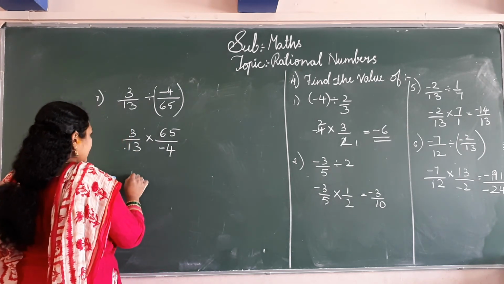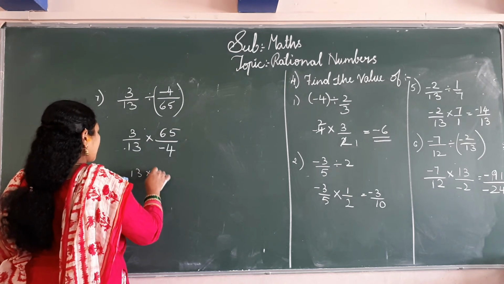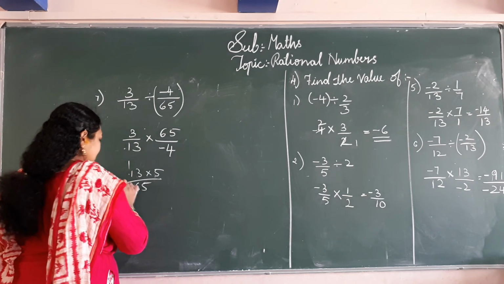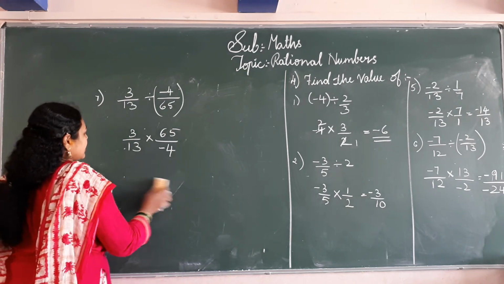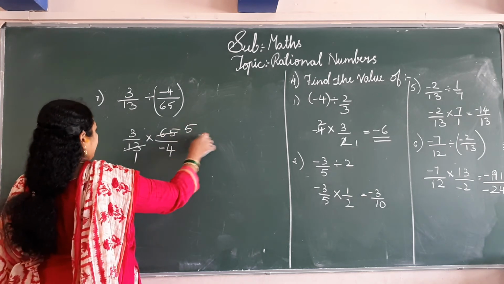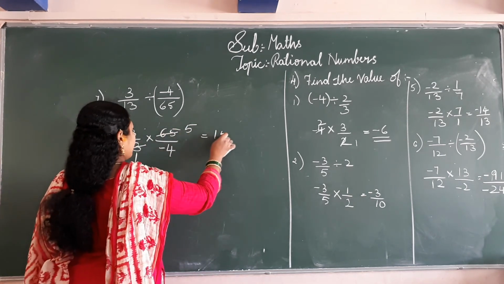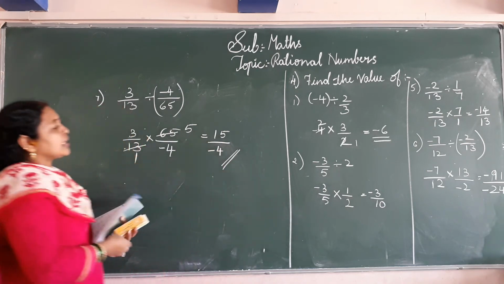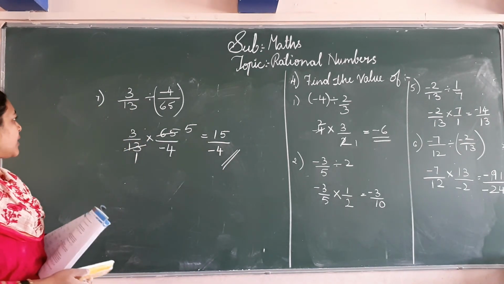Can we cancel this 13? 13 fives are 65. Exactly, yes it is, isn't it? So 13 ones are 13, 13 fives are 65. 3 fives are 15. 15 by minus 4. Here is the answer for the seventh one.